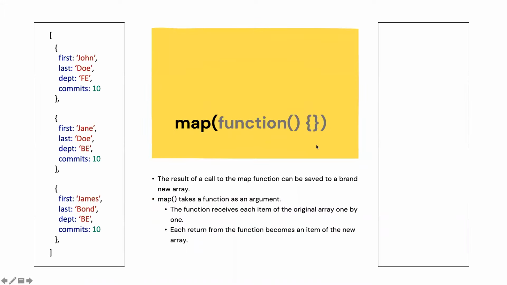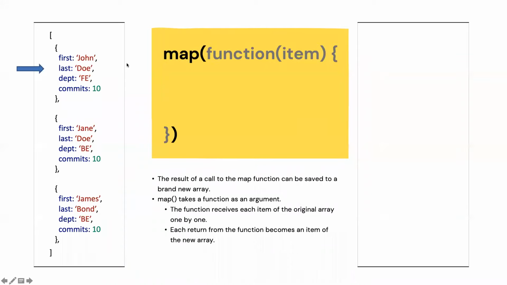So every array function basically iterates through each and every item of the array. Okay, so a map function takes in a callback function. A function is passed in as an argument in JavaScript. It is called a callback function or an argument function, and it keeps receiving each item of the original array one by one.